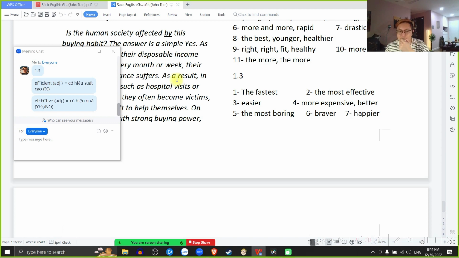Viết cho mọi người. Number 3, easier. Number 4, more expensive and better. Number 5, the most boring. Number 6 is braver. Number 7, happier.